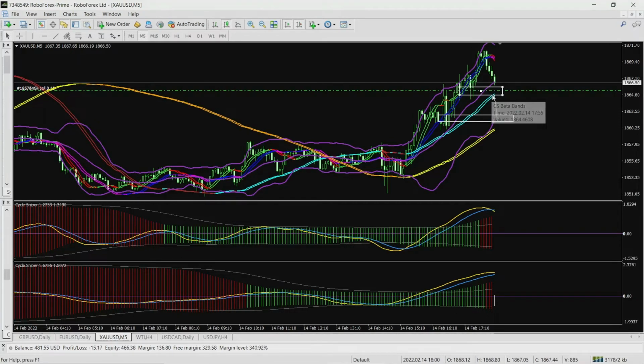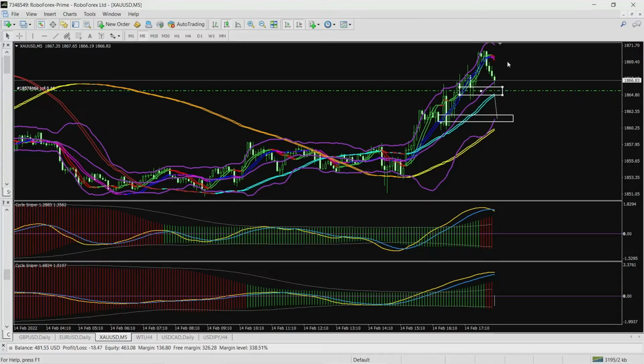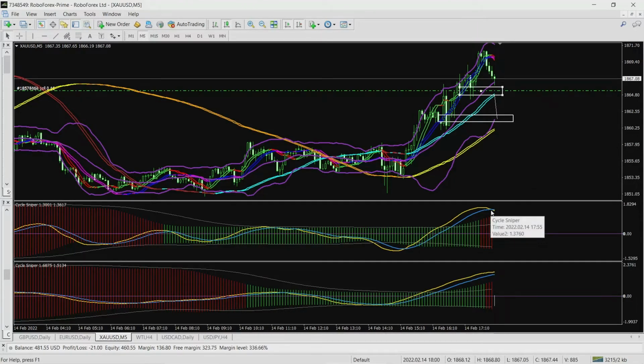As you see, we have the bands also, the 100 period. Even if it retraces from here up to 1869, we're going to sell again. Smaller period, set 1, already broken down, but set 2, it's also telling us soon it's going to fall.